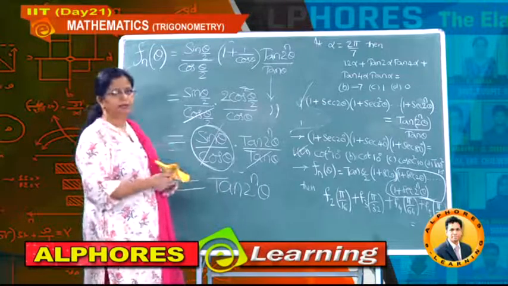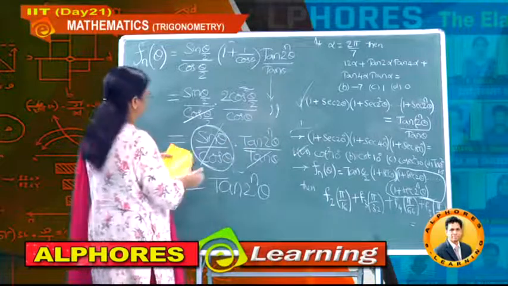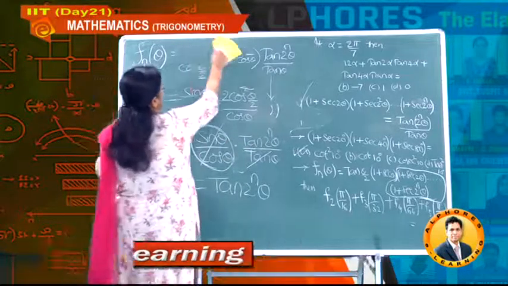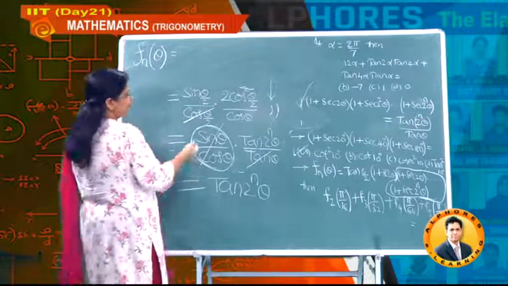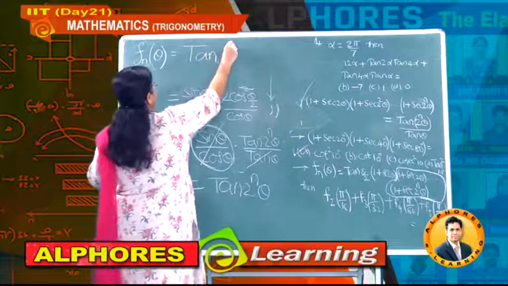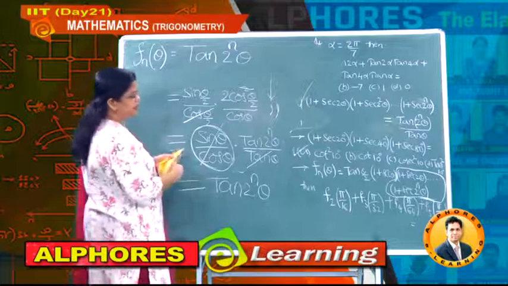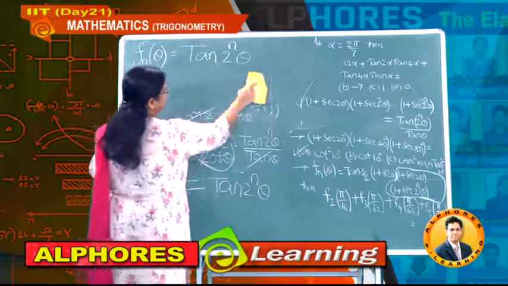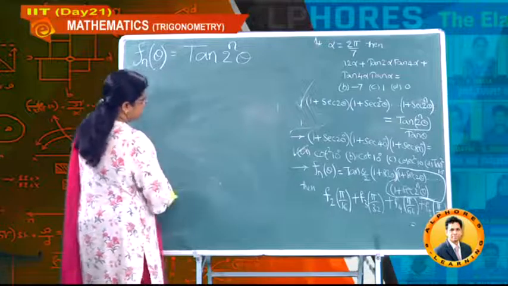A very simple value, so that one by one we can easily substitute the values. Now let us write the simplified value: it is tan 2 to the power of n theta. Okay, so this is our simplified value. Now students, let us write f2 of pi by 16. So what is f2 of pi by 16?